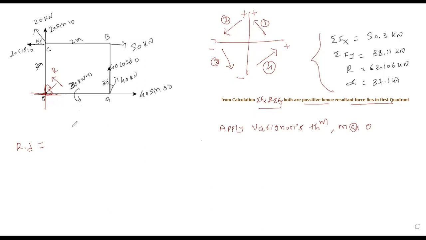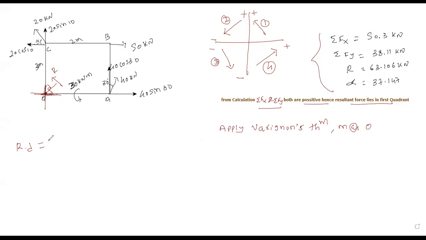Now can I say that if I have two moments, one clockwise and another anti-clockwise. If I am considering anti-clockwise on the left side as positive, listen to me very carefully. If I am considering anti-clockwise on the left side as positive, then on the left side clockwise by default becomes negative. Yes or no? Clockwise by default negative. Yes or no?